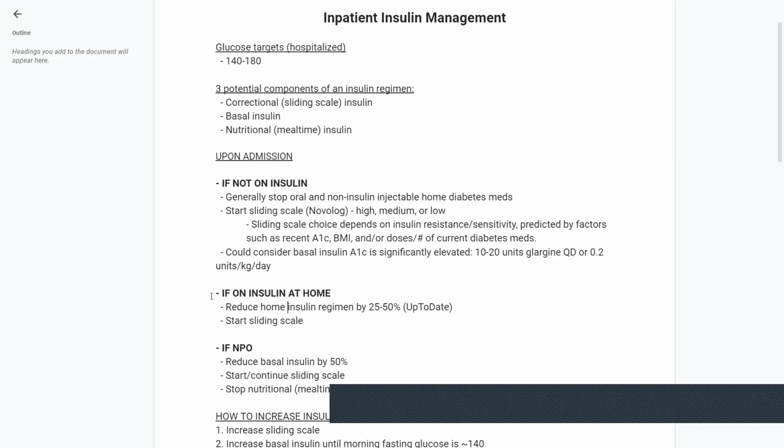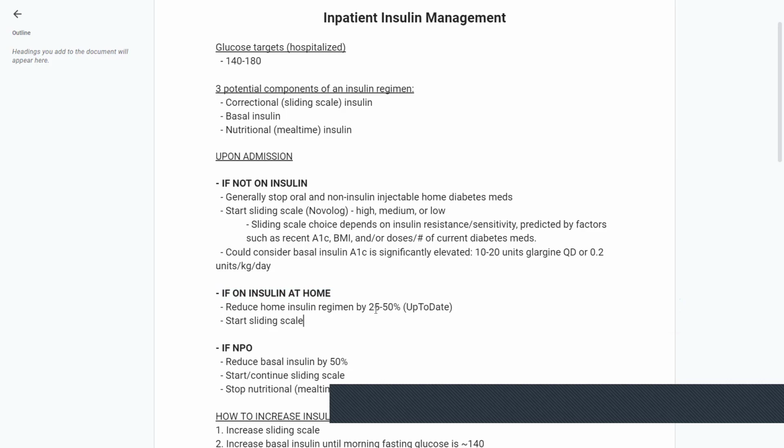If they are on insulin at home and you're admitting them, then you would keep them on their home insulin, but decrease the dose by 25 to 50%. That's what UpToDate says. I've seen a lot of attendings who decrease it by just 20%. So you use your judgment. If you see the patient in their room eating a ton of food, versus someone who has an infection, is sick and not at all hungry, that would make a difference.